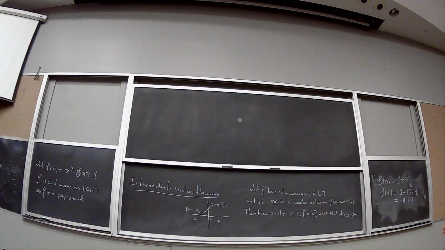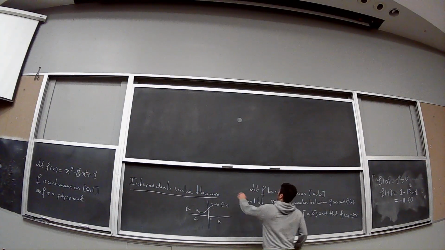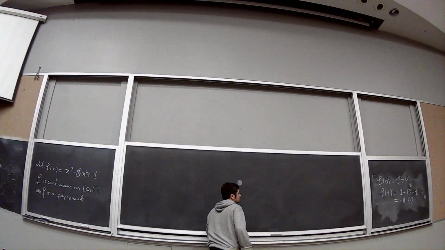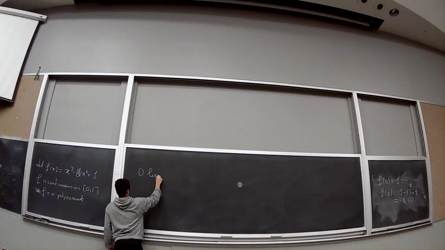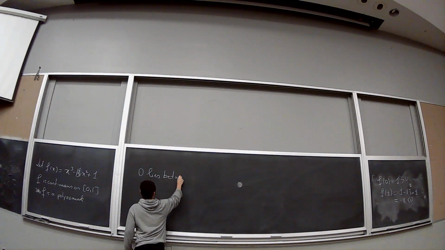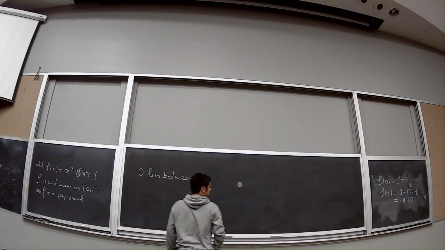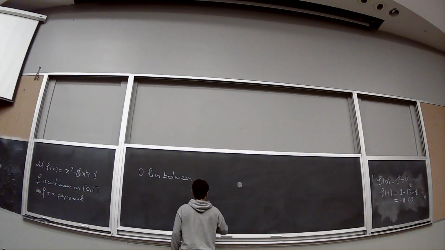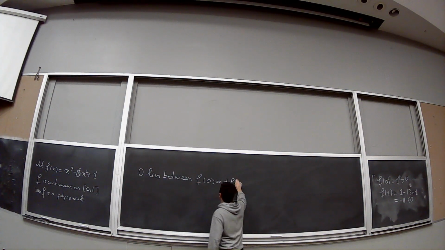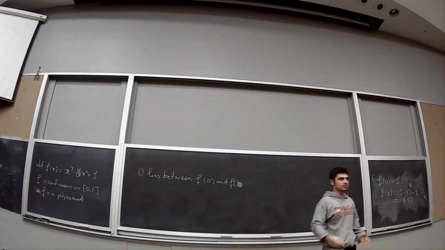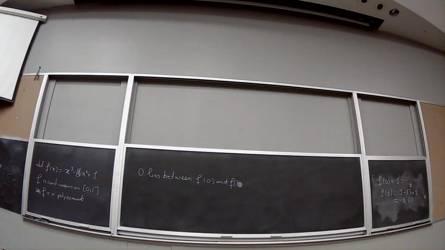0 lies between f of 0 and f of 1, or f of 1 and f of 0. I'm not putting inequalities here. I'm not implying one is smaller than the other, just that they have different signs. What can I say by the intermediate value theorem?